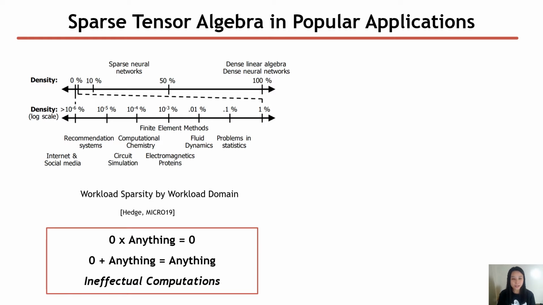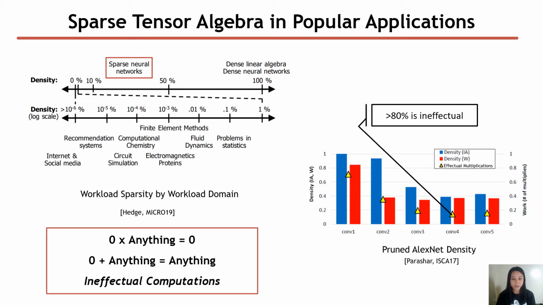Let's take a look at an example application and see how much ineffectual computation it can have. We have a pruned AlexNet plot. The y-axis shows the density of the input activation and weight tensor. The x-axis shows the layers. As you can see, for convolutional layer 4, both the input activation and weight tensor have density less than 40%.